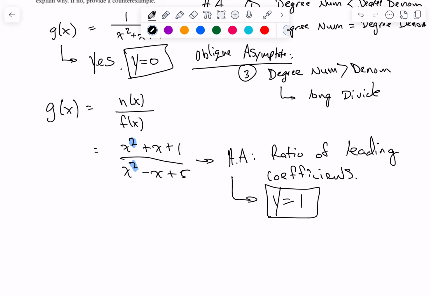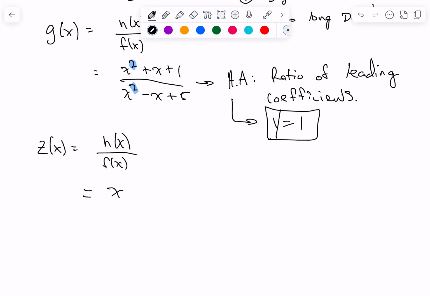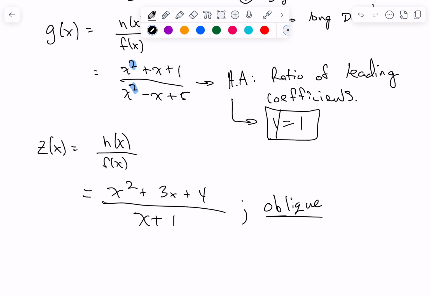And the last instance, we'll say z of x is equal to h of x over f of x, where h of x was, say, something like x squared plus 3x plus 4 divided by x plus 1. That would have an oblique asymptote because the degree of the numerator is 2 and the degree of the denominator is 1.